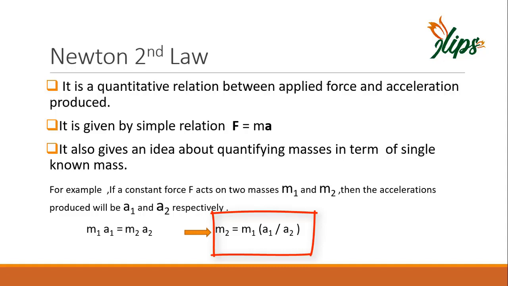It's simple. It says that if I know one mass m1 and I know the acceleration ratio from a constant force, then I can express any other mass m2 in terms of m1, since a1 by a2 is dimensionless. So this relation gives an operational definition of mass.